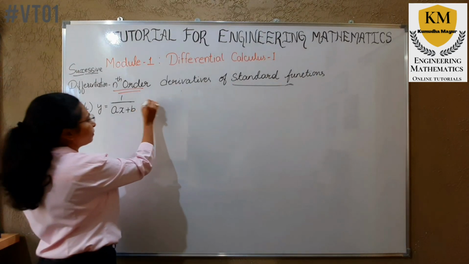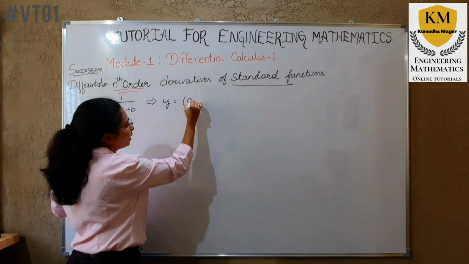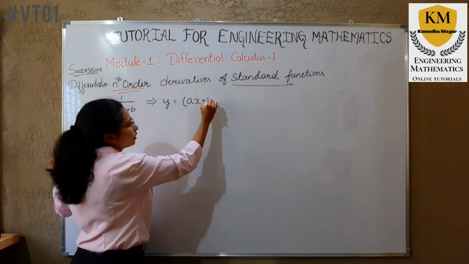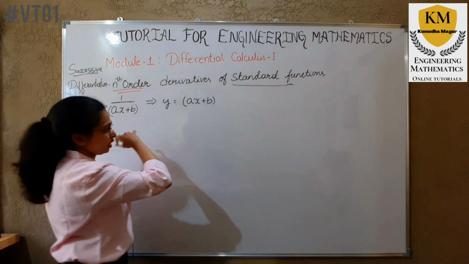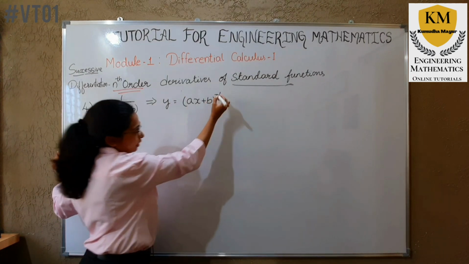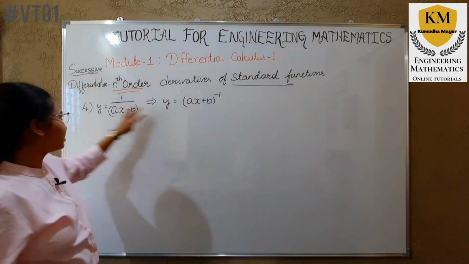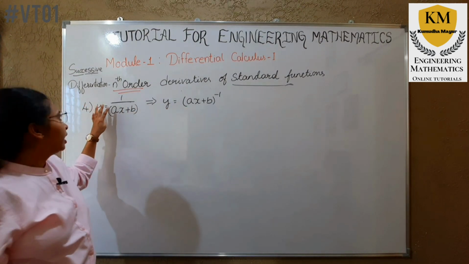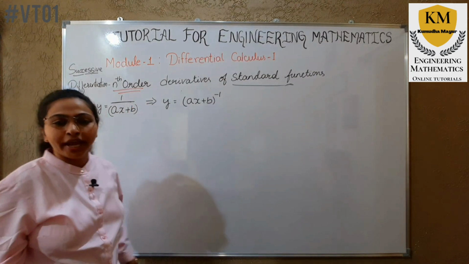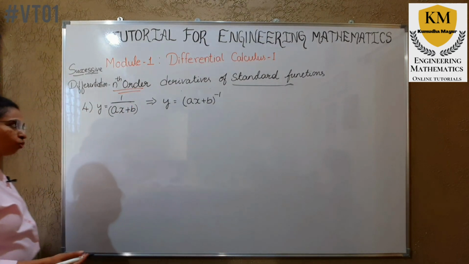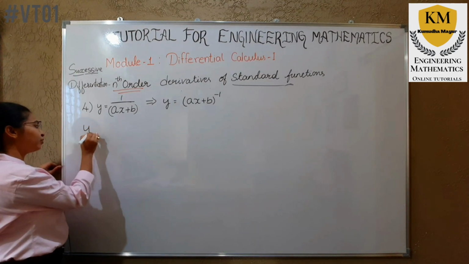Let me write it as y is equal to ax plus b, which is there in the denominator now. I'll just shift it up, the power will become negative, minus 1. This is my standard function now. The fourth standard function, you can say either 1 divided by ax plus b, or even you can also say (ax plus b) whole to the power minus 1. Okay, fine. So let us follow what it is, start the procedure.